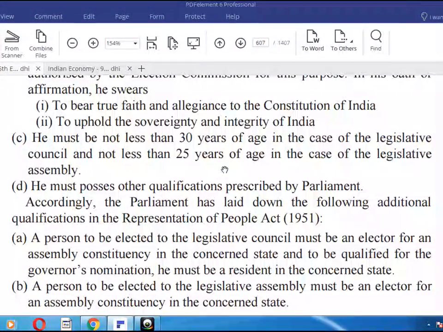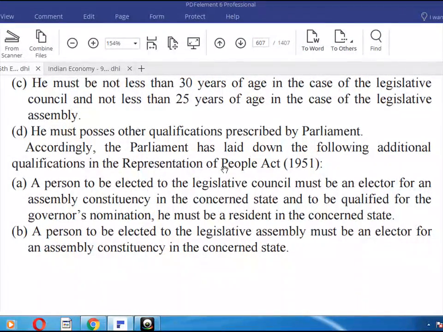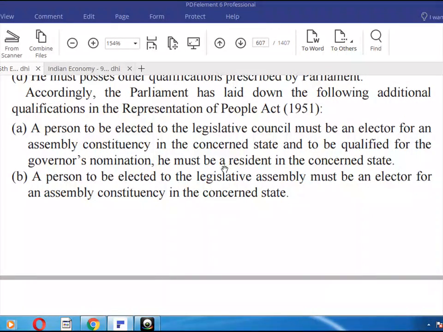Accordingly, Parliament has laid down the following additional qualifications in the Representation of the People Act, 1951. A person to be elected to the Legislative Council must be an elector for an assembly constituency in the concerned state, and to be qualified for the governor's nomination, he must be a resident in the concerned state.